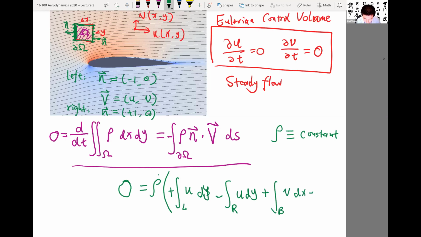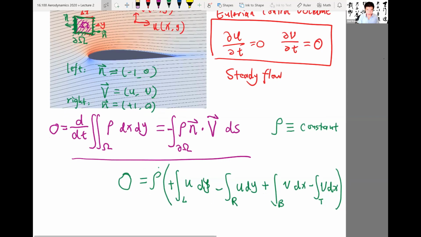On the top, I have minus the integral over the top of v dx. Now, the integral on the bottom is how much mass has flown in from the bottom during a unit amount of time. And the minus sign of the integral on the top is how much mass has flown out of the control volume per unit amount of time.